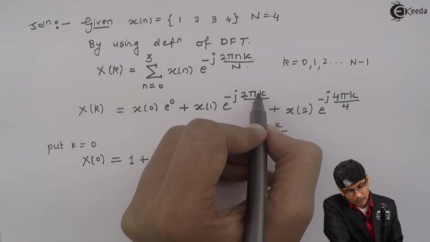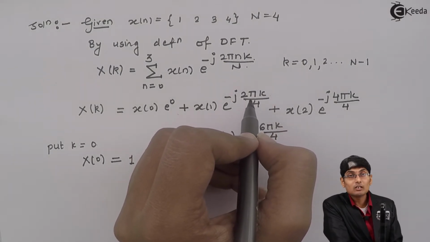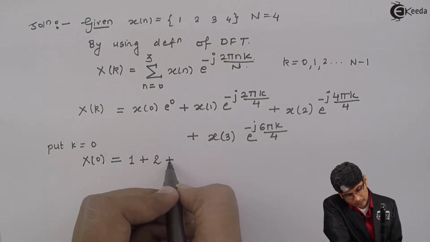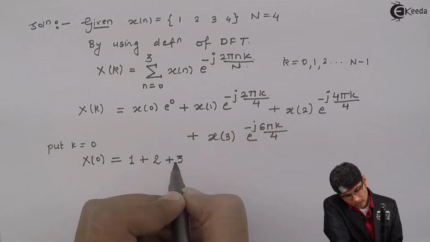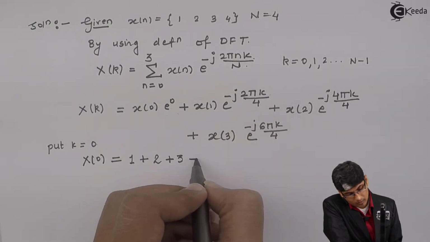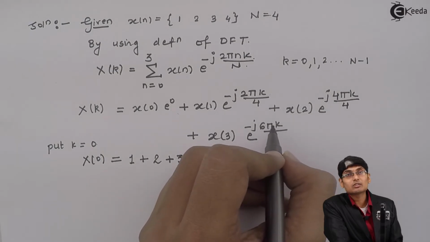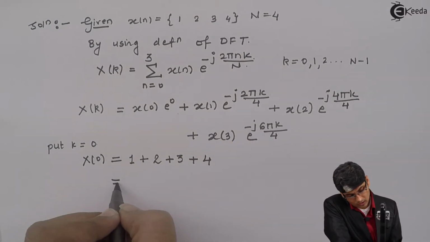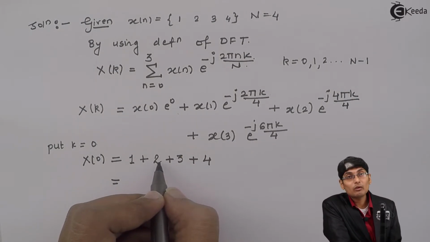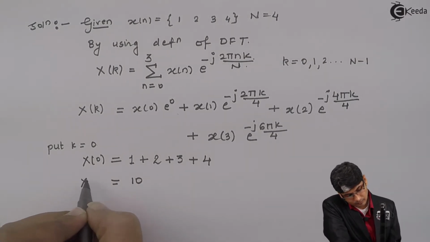Then when I put k is equal to 0 here, this becomes e raised to 0, which is nothing but 1, plus x of 2 is 3. Here if I put k is equal to 0, again it will be 1, plus x of 3 is 4, again k is equal to 0, here it will go to 1. So the answer is 1 plus 2, it is 3, plus 3 is 6, plus 4 is 10.